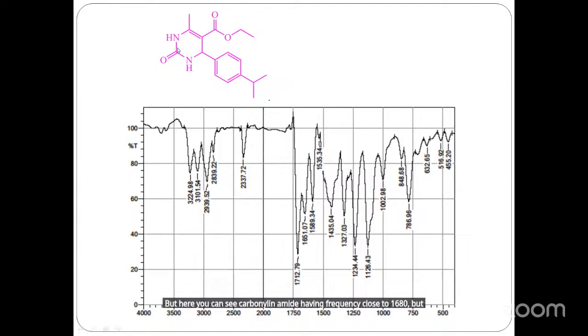But here you can see the carbonyl group has nitrogen on both sides. Nitrogen adjacent to carbonyl decreases the frequency, exactly opposite to oxygen. Oxygen next to carbonyl increases frequency, however nitrogen decreases it. So the carbonyl group flanked between two NH groups results in lowering of the frequency, so it is at a lower value.